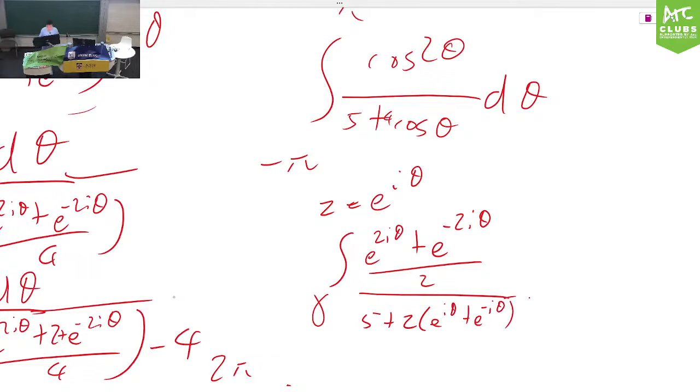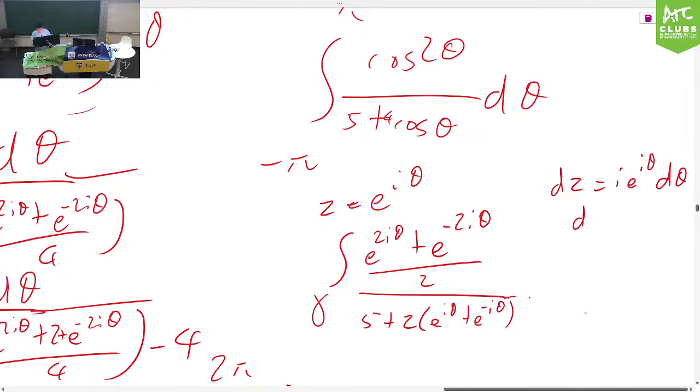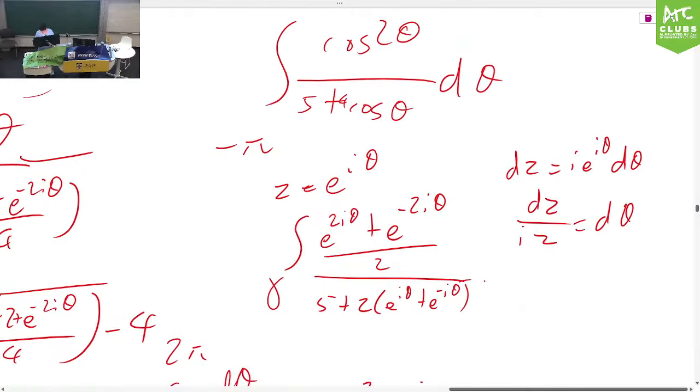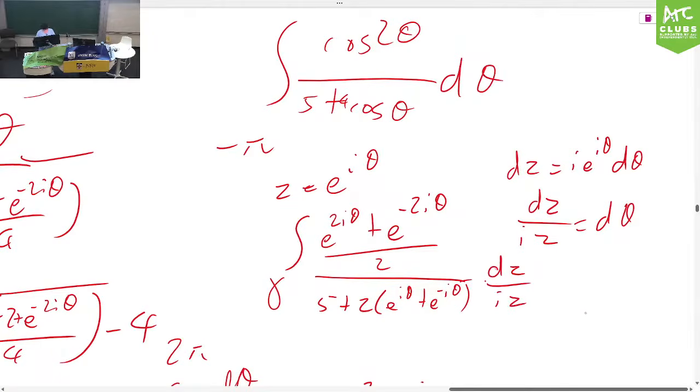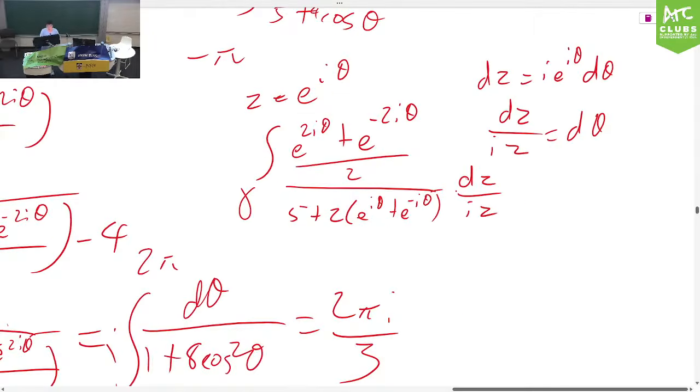But then the d theta, how do I deal with that? dz equals i e to the i theta d theta. Since e to the i theta is z, iz equals d theta. So dz over iz. Yeah, okay, this is convincing.